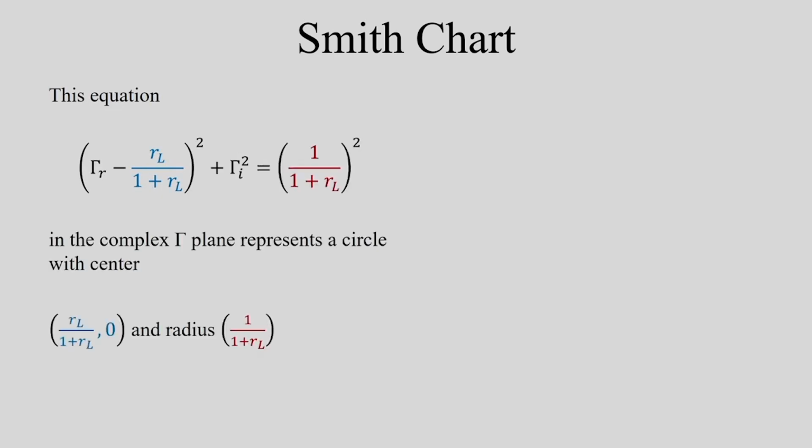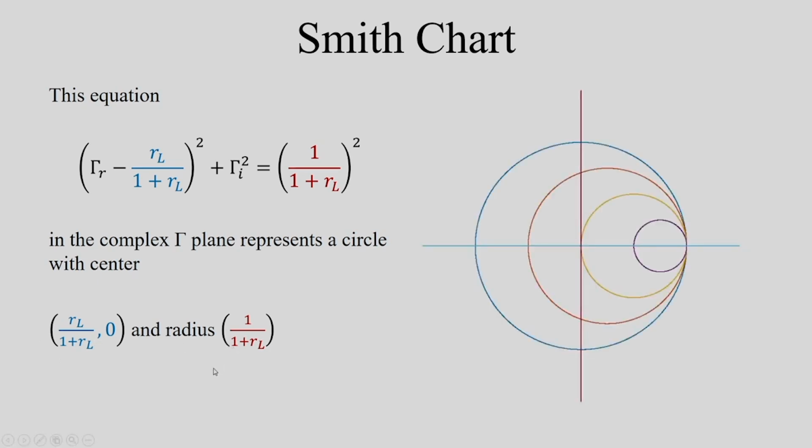As I have said, the center is RL divided by 1 plus RL, 0 and the radius is 1 by 1 plus RL. So, for different values of RL, if we plot these circles in the gamma plane, this is gamma R and this is gamma I axis.